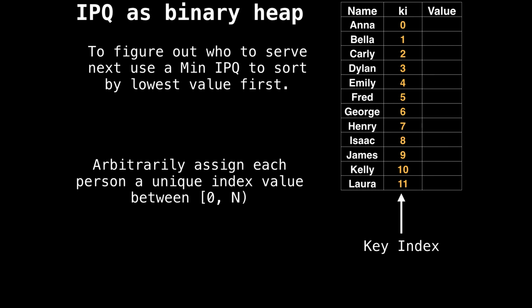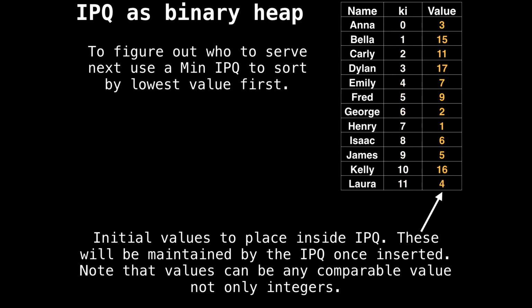The first step, as mentioned before, is to assign each person a unique index value between 0 and n non-inclusive. These are the key index values in the second column beside each person's name. Then I'm going to give each person an initial value to place inside the index priority queue. These values will be maintained by the index priority queue once inserted.